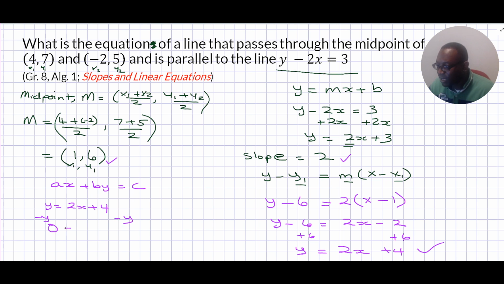So 0 is equal to 2x minus y plus 4. Now I can subtract 4 from both sides. And then we're going to get an equation that looks like this: 2x minus y equal to negative 4. So those are the two ways we can write the equation of this line.